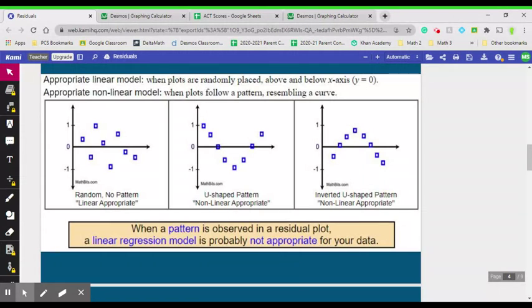So you have that same input, and then the output is that difference. So you have different amounts of difference between your original and your predicted one with your regression equation. The middle one, well, we have a U-shaped pattern, so nonlinear would be appropriate. If you have an upside down U pattern, then it also means nonlinear. So if you have just scattered residuals, that definitely always means linear.